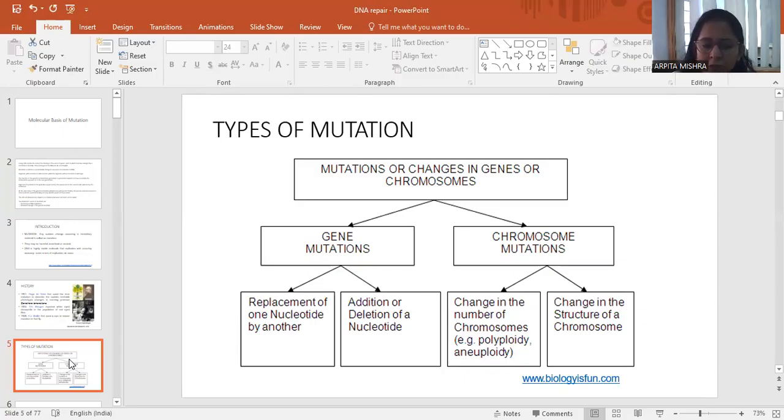When it is a gene mutation, it can be a replacement of a nucleotide with another nucleotide, or an addition or deletion of a nucleotide. There can also be a change in the number of chromosomes, or a change in the chromosome; both we call mutations.